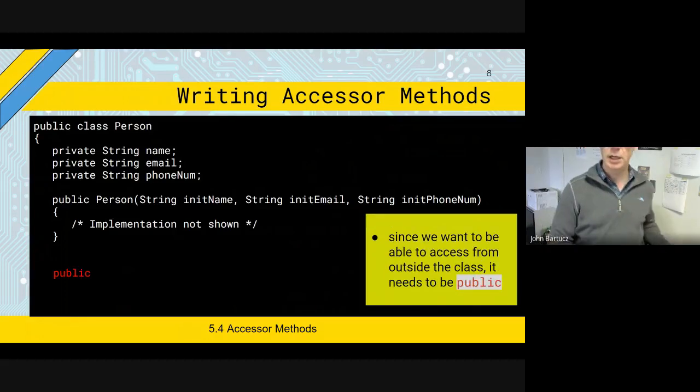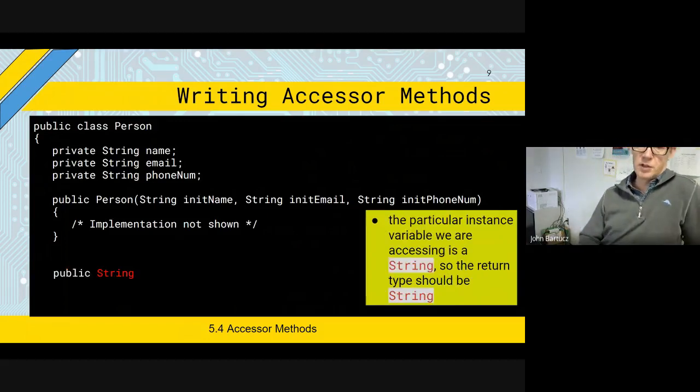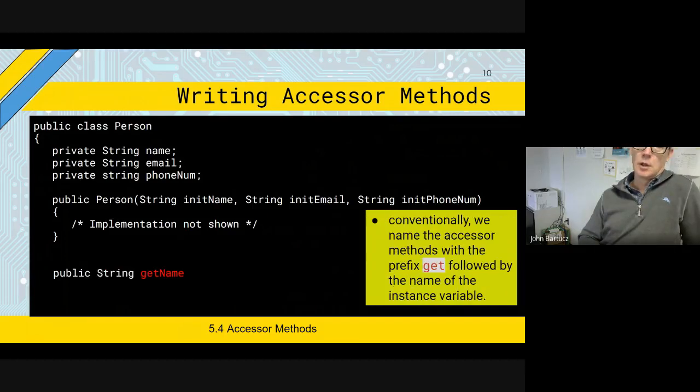So we need a public, which means anybody can use it, string, since that's what we're going to get back. And the reason that these methods are often called getters is because you're getting information.